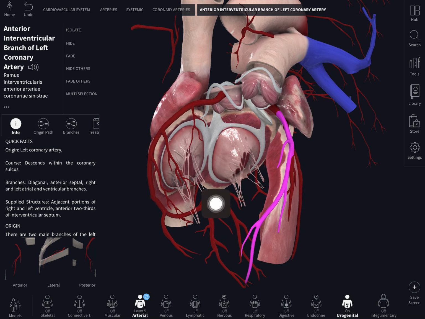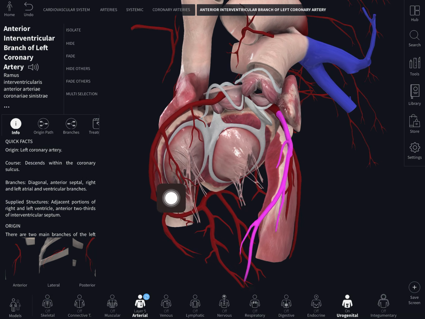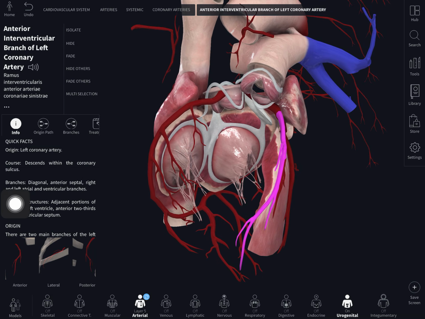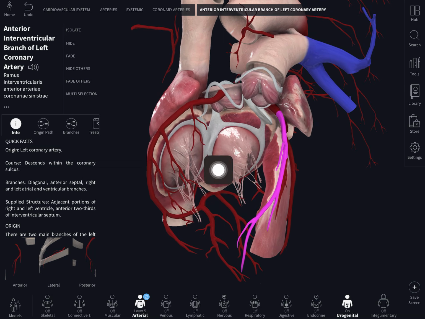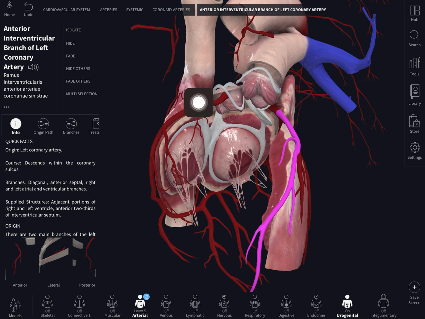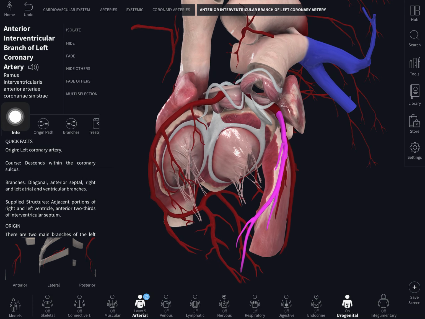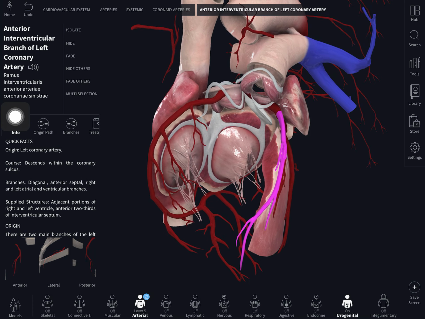Suppose this branch is blocked, the branch from the left coronary artery will supply the blood. At that time the patient will experience chest pain, severe myocardial heart attack pain, and the patient can survive. Suppose the main blood vessel is blocked by a big embolus, then the patient will die in the first heart attack.